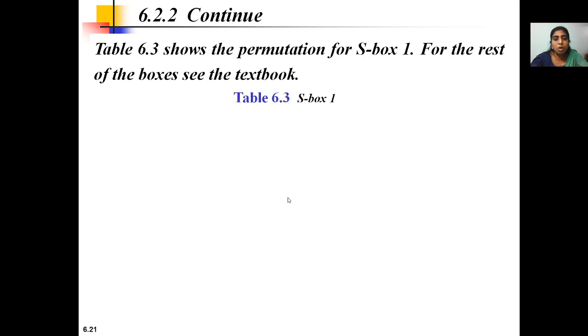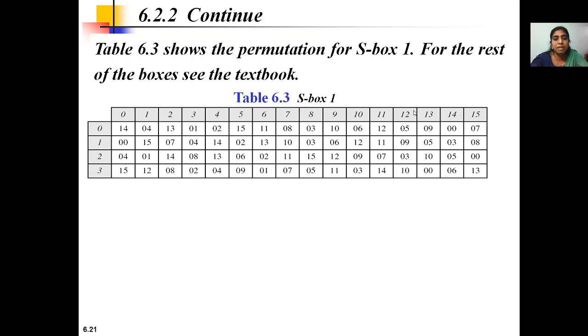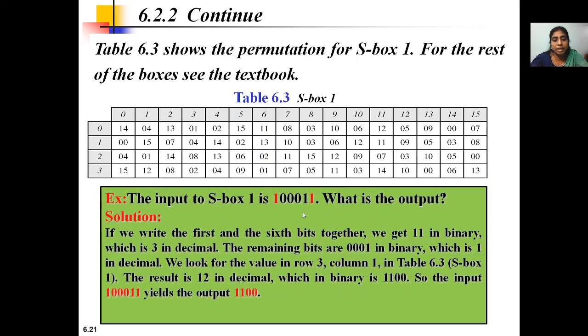So the S box example. This is the first S box. Let us take an example and see. The input for the S box is given as 1 0 0 0 1 1. Now 1 1 becomes the row value and 0 0 0 1 becomes the column value. 1 1 represents the value 3 and 0 0 0 1 represents the value 1.